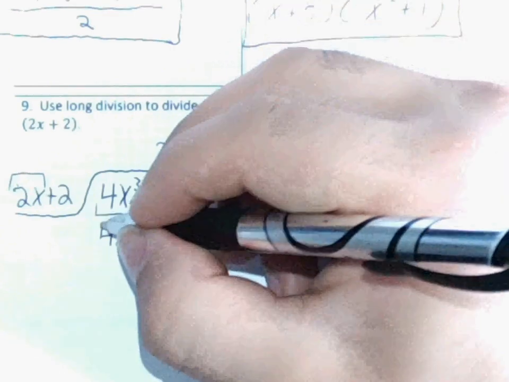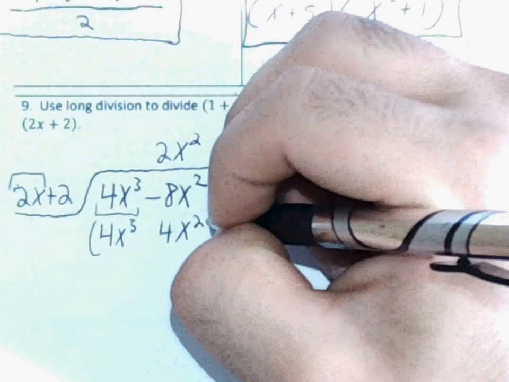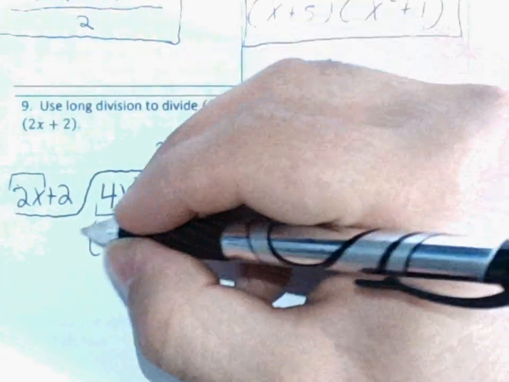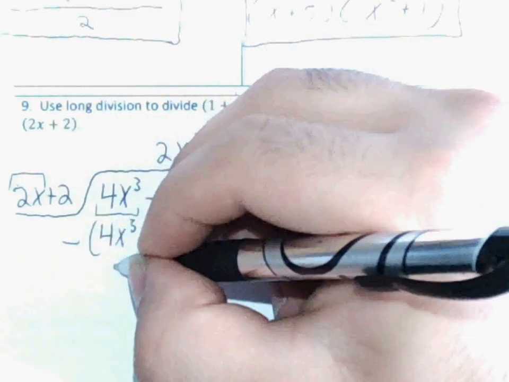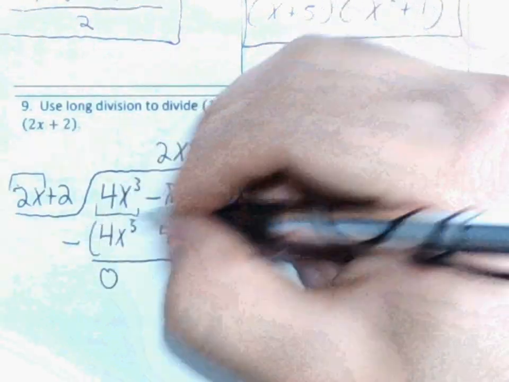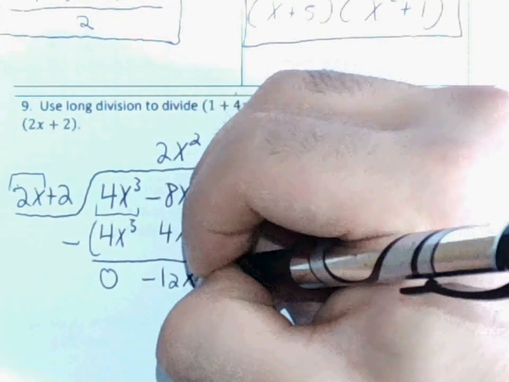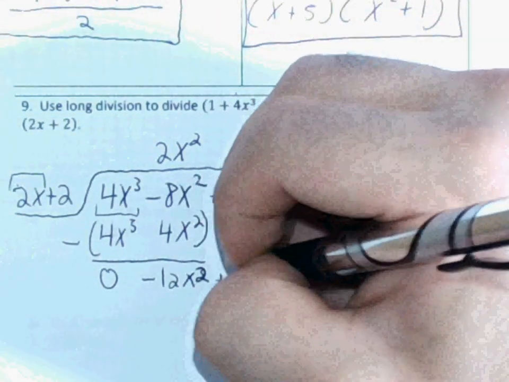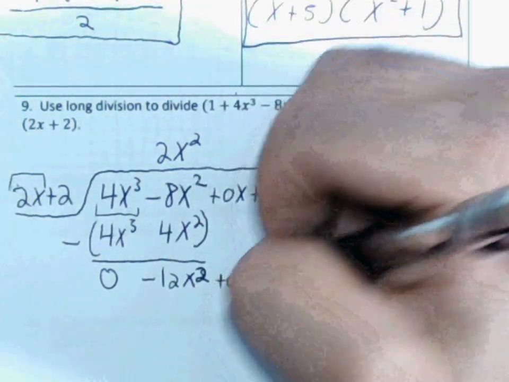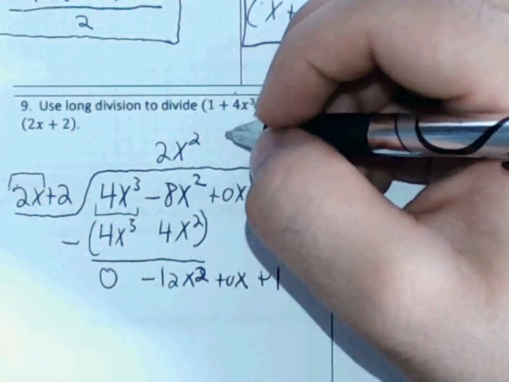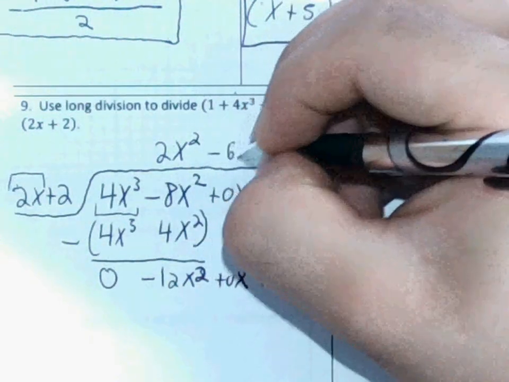And I take my two terms and I subtract. So 4x cubed minus 4x cubed is 0, and negative 8x squared minus 4x squared is negative 12x squared. Sorry, and I bring everything else down. Okay, next one is negative 12x squared, and so that'll be minus 6x.